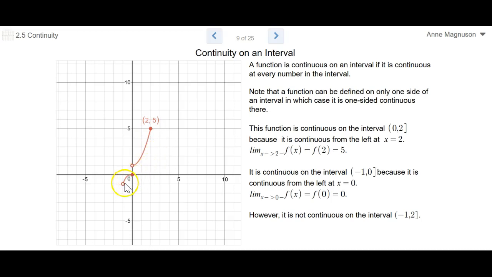If we look at this piece, this is also continuous from the left at 0 because as x approaches 0 from the left, the limit exists and is equal to f of 0. So this function is continuous on the interval open 0 to closed 2, and it's continuous on the interval open minus 1 to closed 0, but it's not continuous on the entire interval.